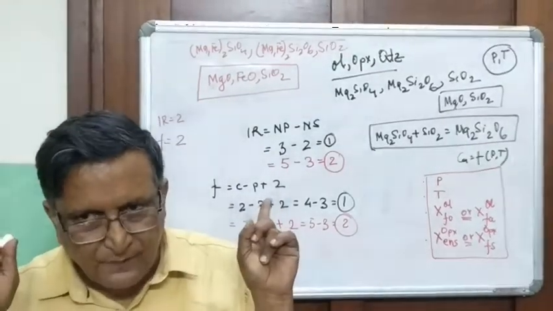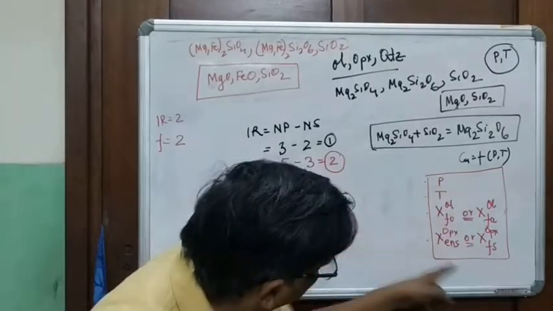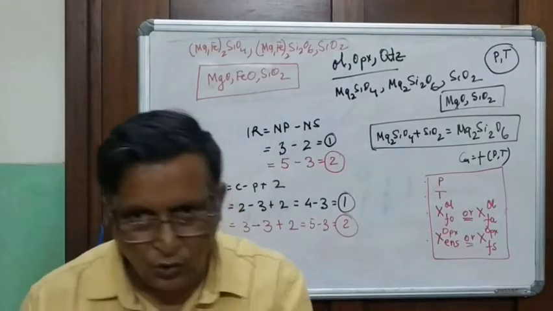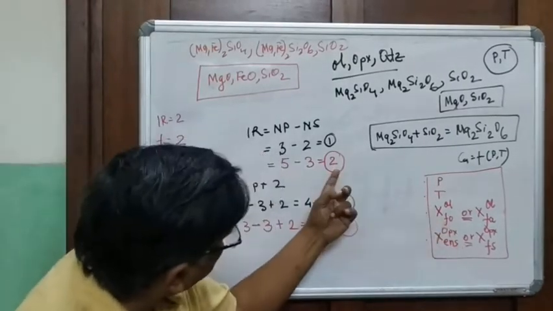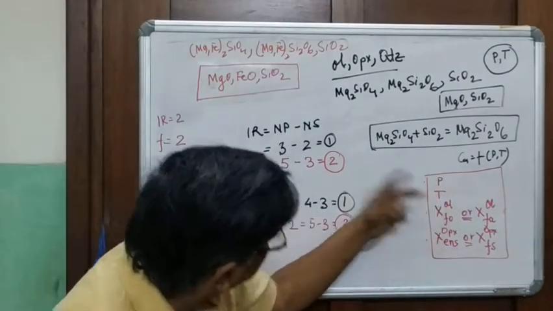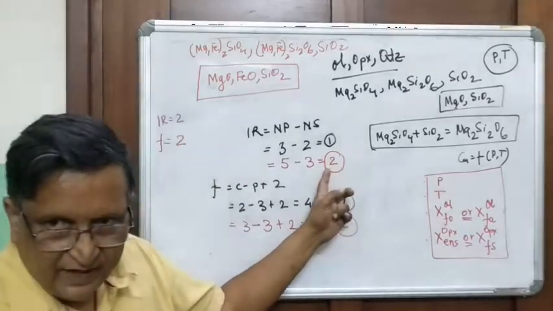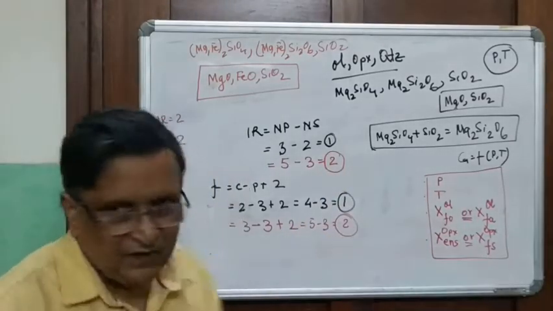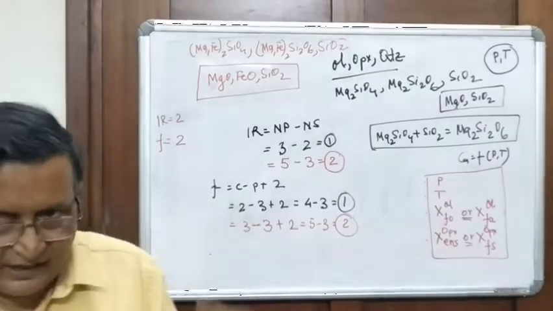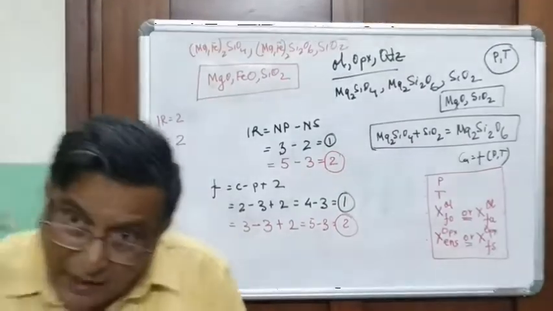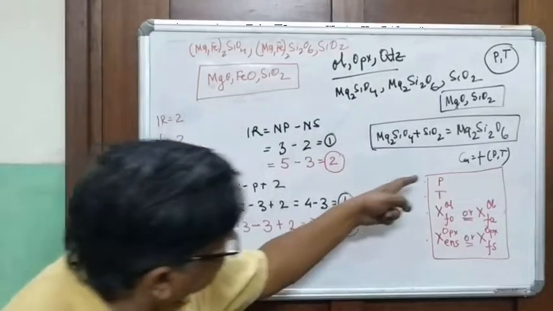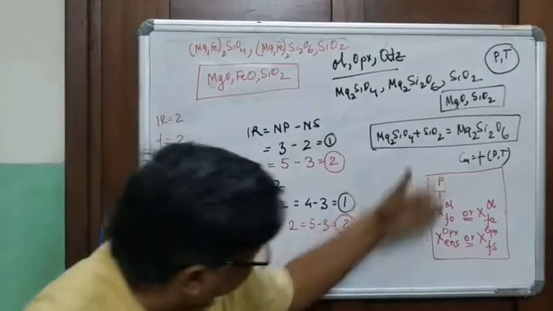So your variance should be 4 minus 2, 2. So that means number of variables minus number of independent reactions is 2, which is the same as what Gibbs phase rule says, that there are 2 degrees of freedom. Of course, that means you have to quantify 2 of these variables to get the other 2.